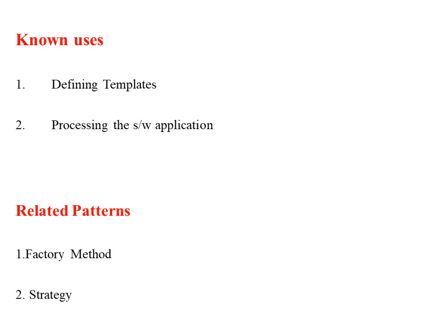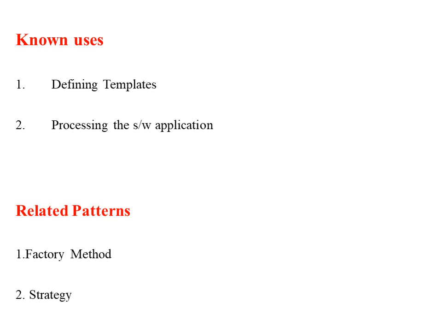Next, coming to the next template, known uses. What are the real-time examples for the template method pattern? I told you already, defining templates. Wherever you define or use templates, such as text messages, WhatsApp messages, gaming applications, or any type of software application, we use templates.